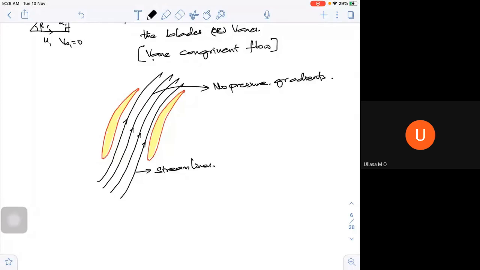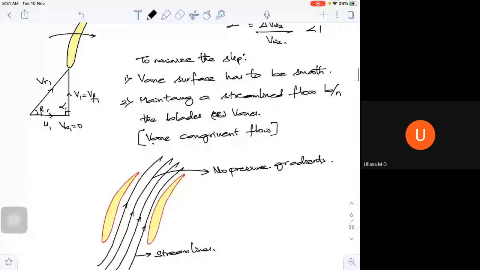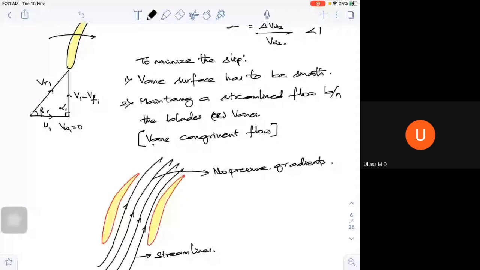There should not be any adverse pressure gradient which may lead to the formation of small eddies or vortices which will disturb your streamline pattern. When you have a completely streamlined flow, we call this vane congruent flow. There should not be any disturbance of the flow. So if I'm able to attain this, and you try to maintain this surface and this surface as smooth as possible.